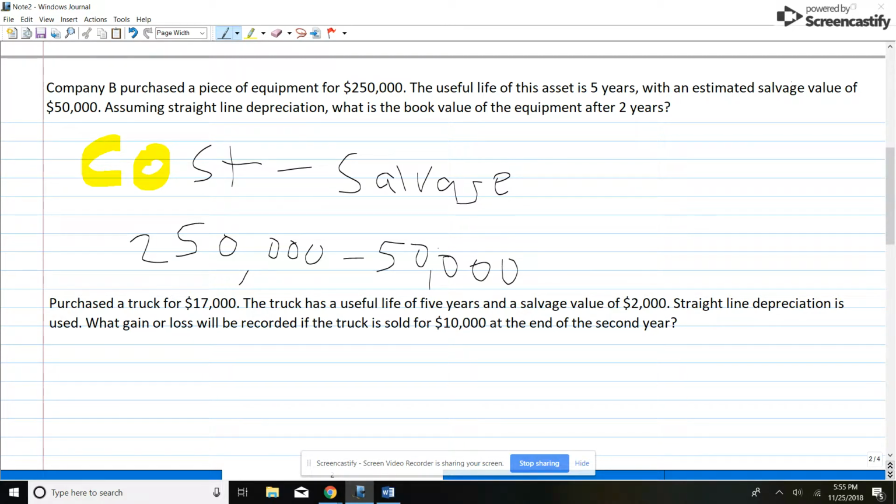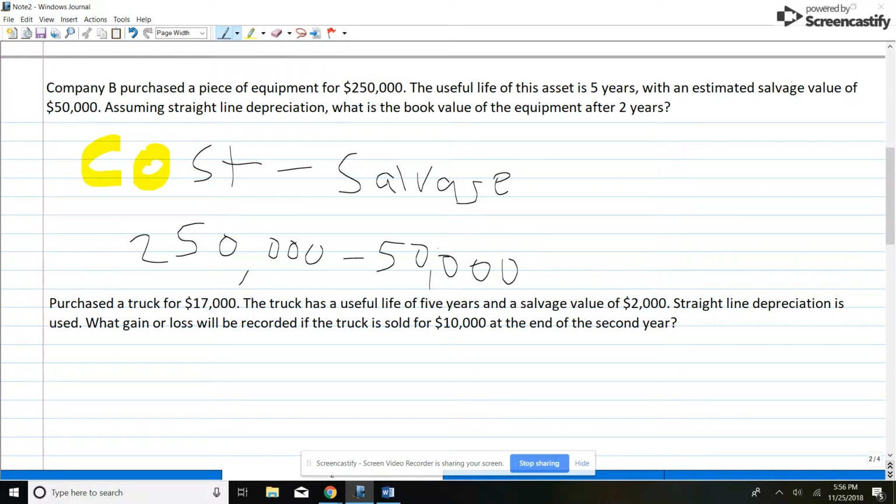Now, conceptually, why we subtract the salvage value is because the depreciation base is how much we're going to depreciate over the life of the asset. So we don't want to include the salvage value in the depreciation base, because if we think we can sell the scrap of the equipment at the end of its useful life for $50,000, we don't want to value our equipment less than $50,000.